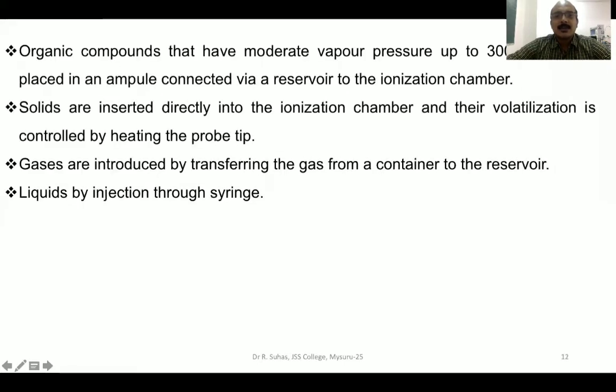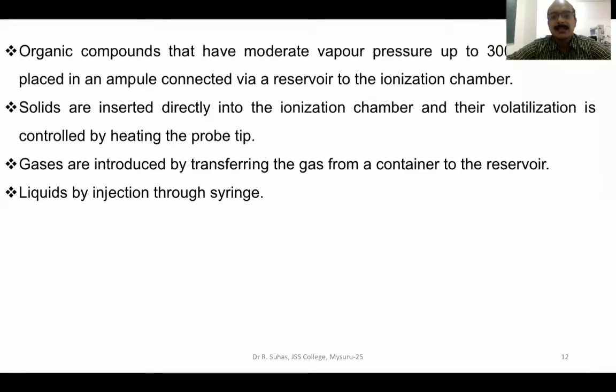Here, organic compounds that have moderate vapor pressures up to 300 degrees Celsius can be subjected to mass spectrometry by placing them in an ampule connected via a reservoir to the ionization chamber. Solids can be directly inserted into the ionization chamber, and their volatilization is controlled by heating the probe tip.